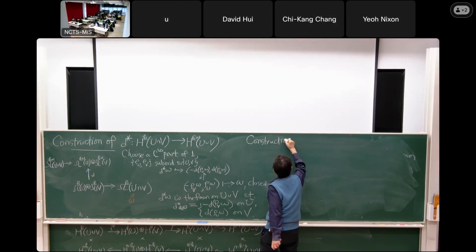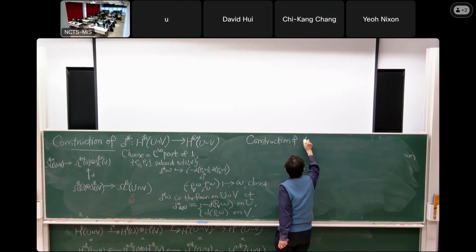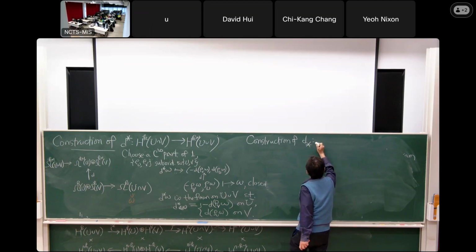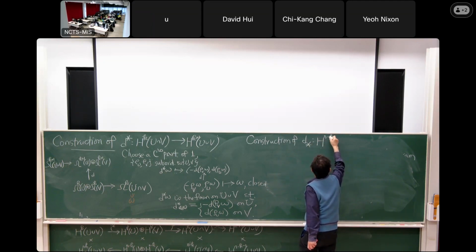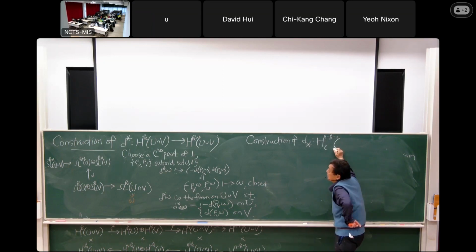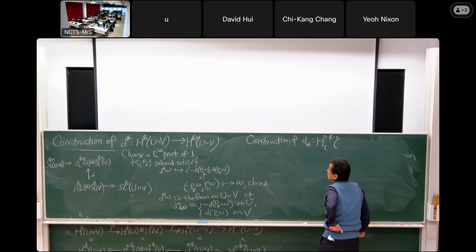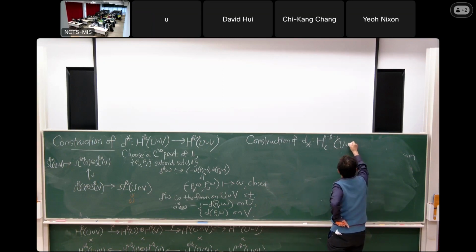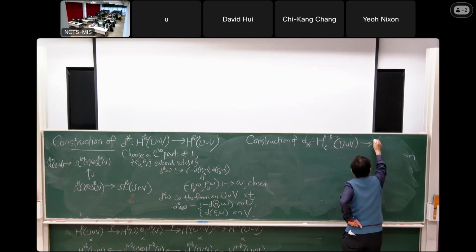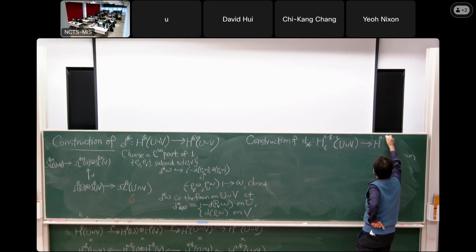Construction of the lower star from H n minus k minus 1 with compact support of the union to H m minus k with compact support of the intersection.